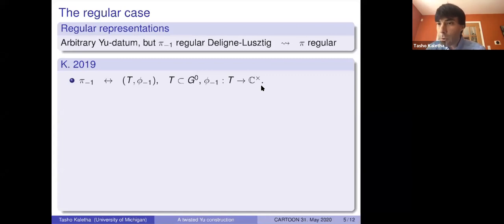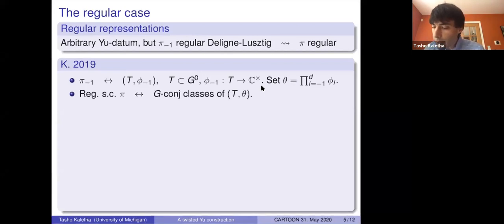We can multiply them all together and obtain a character of the torus T, call it theta. And it turns out that the regular supercuspidal representation pi depends only on the G conjugacy class of this torus character pair. And moreover, you can write down a very simple list of axioms characterizing precisely which torus character pairs are involved in this classification. So you get a classification of the regular supercuspidal representations by conjugacy classes of torus character pairs.